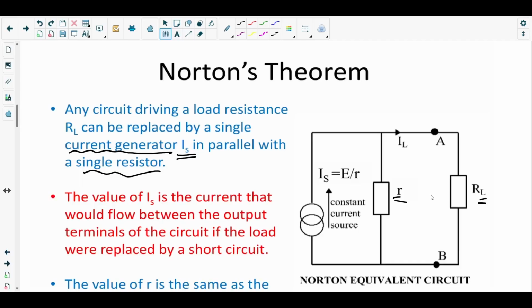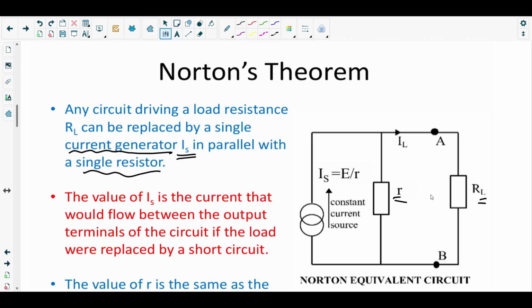So in that case, if you connect the internal resistance r, the equivalent resistance r, and the load resistor in series, then how come you get the current specifically flowing through the load resistor? Because in a series circuit, current is constant.